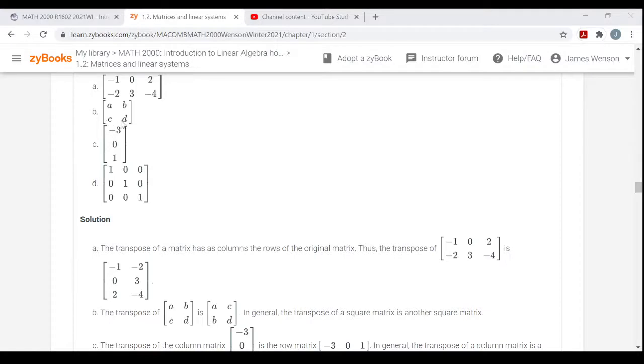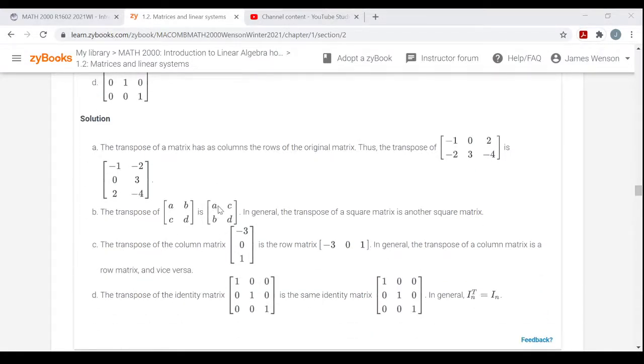Now A, B, C, D, this is a 2 by 2, the transpose will be another 2 by 2, but will have A, B as the first column, C, D as the second column. Right? The transpose of this 3 by 1 will be a 1 by 3.